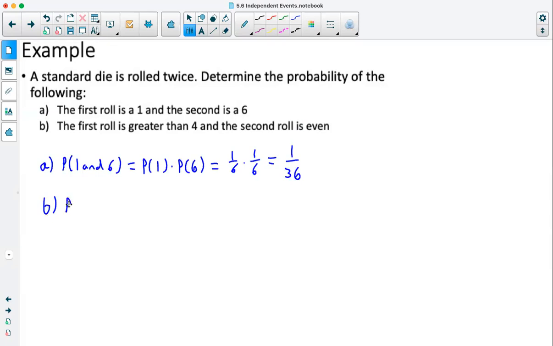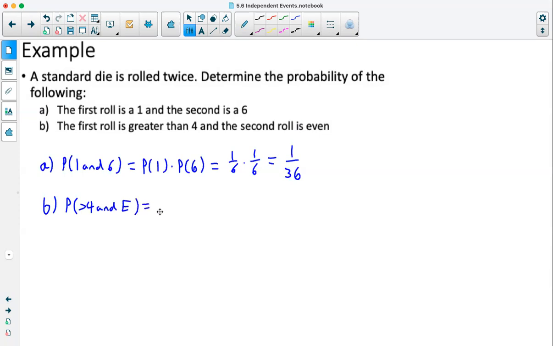Now B, we've got the probability that the first roll is greater than 4 and the second is even.